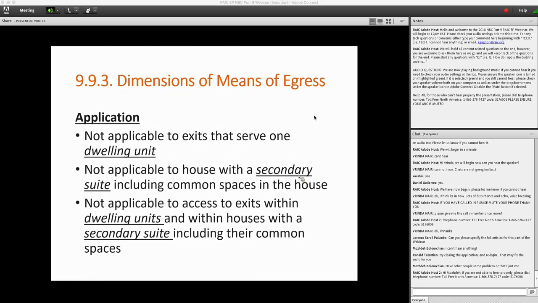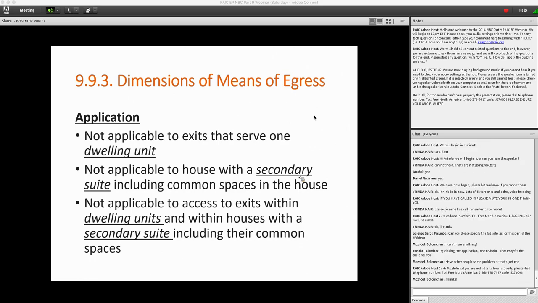So under section 993, we are looking at dimensions of means of egress. I know in today's first session you had a look at some of the requirements for exits and then for stairs, for instance, within a dwelling unit or within a floor area.